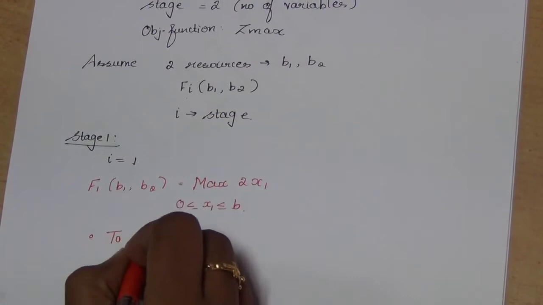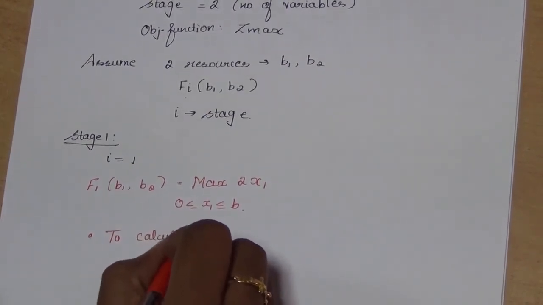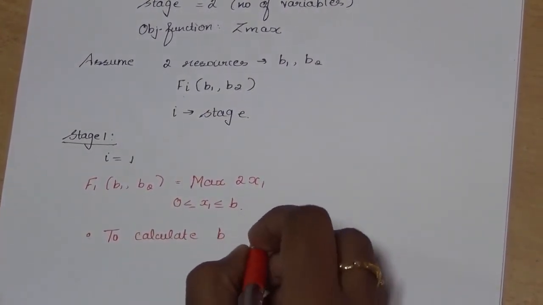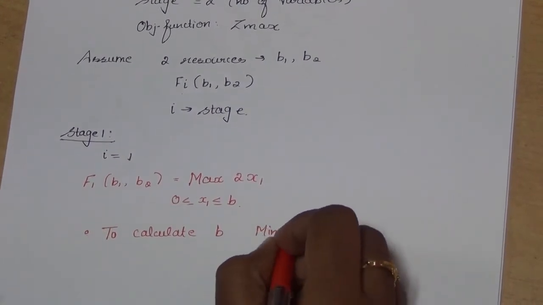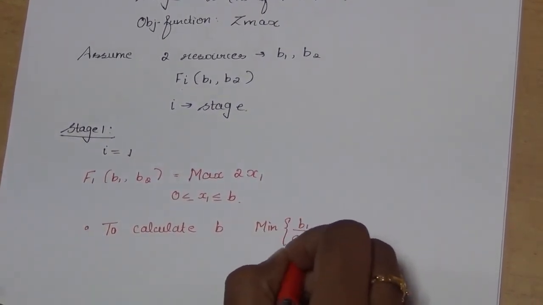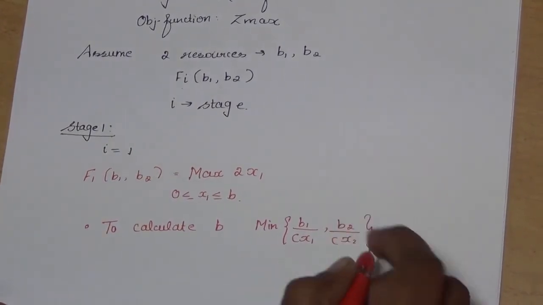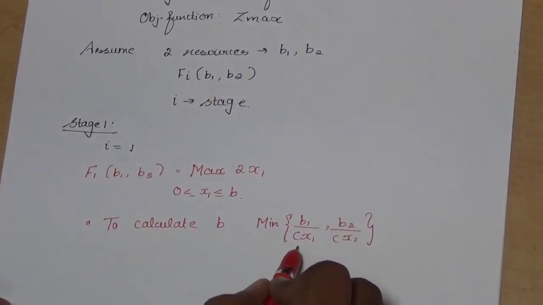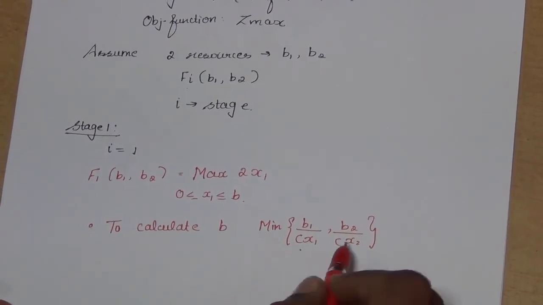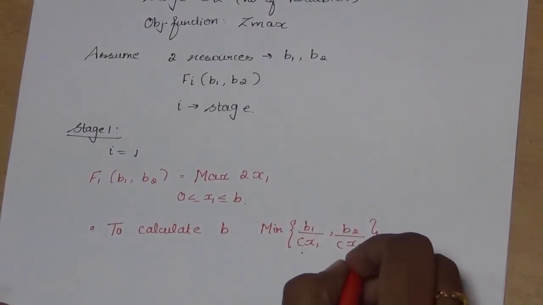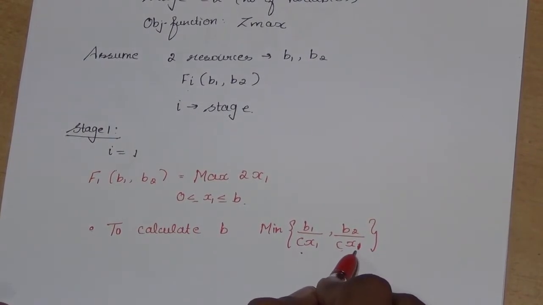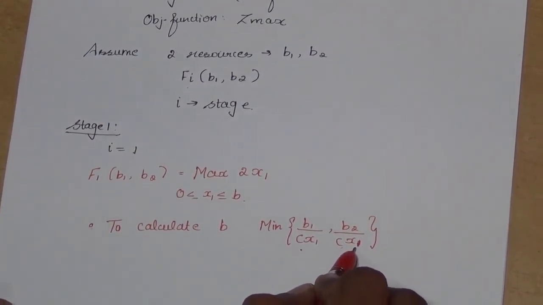To calculate b, the formula used is minimum of b1 by cx1, b2 by cx2, where b1 and b2 are the resources and cx1 is the coefficient of x1 in the first constraint, and the second is the coefficient of x1 in the second constraint.